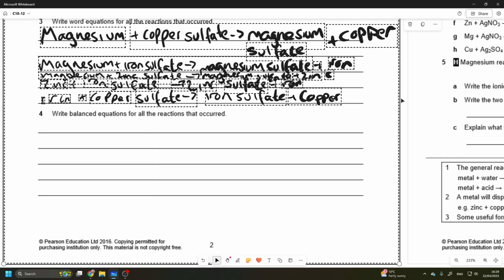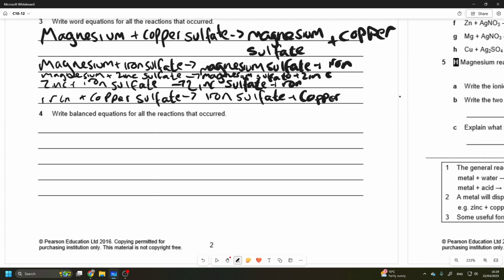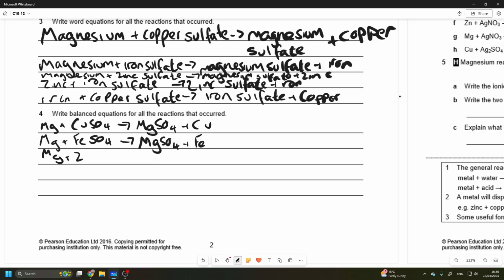So write balanced equations for all reactions that occurred. So we've got Mg plus CuSO4 gives you MgSO4 plus Cu. We've got Mg plus FeSO4 gives you MgSO4 plus Fe. Mg plus ZnSO4 will give you MgSO4 plus Zn.